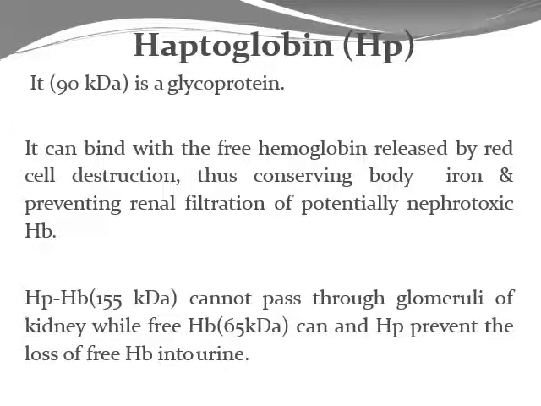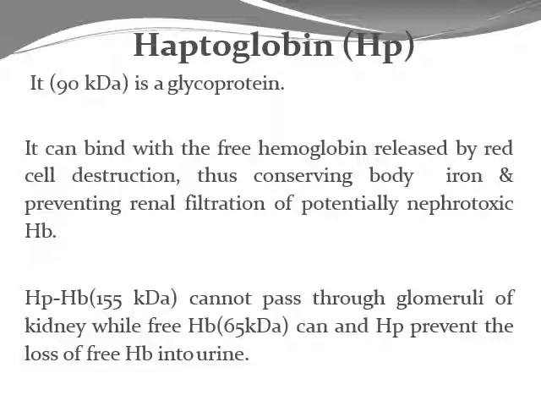The fifth plasma protein is known as haptoglobin. Haptoglobins are known to bind with free hemoglobin that is produced by the destruction of RBCs, and thereby they conserve the body's iron and prevent the renal filtration of toxic hemoglobin.